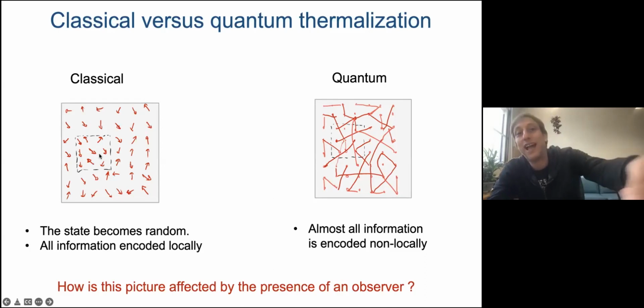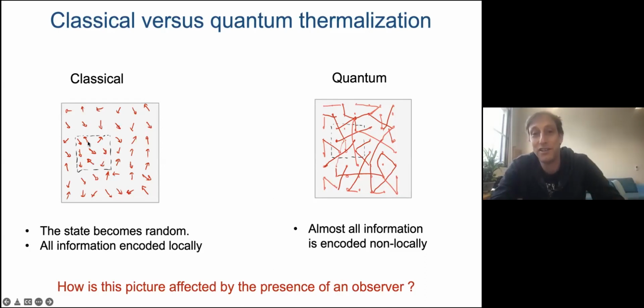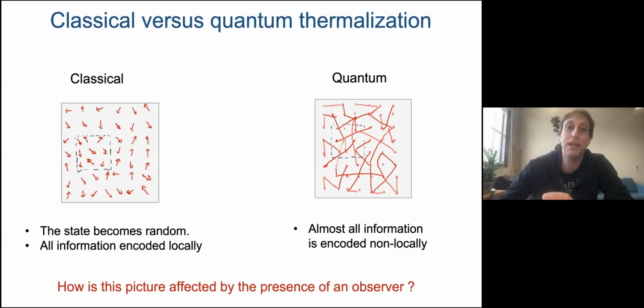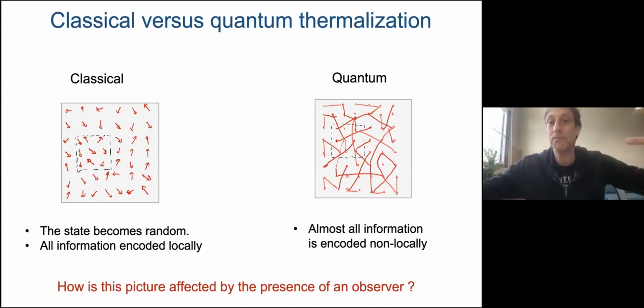If I looked at a classical spin system, the state becomes more and more random as a function of time from classical time evolution, but the information is still fully encoded in local spin degrees of freedom. On the other hand, in the quantum state, the information was completely scrambled and encoded into non-local degrees of freedom. So that's the distinction I want to make between classical and quantum thermalization.